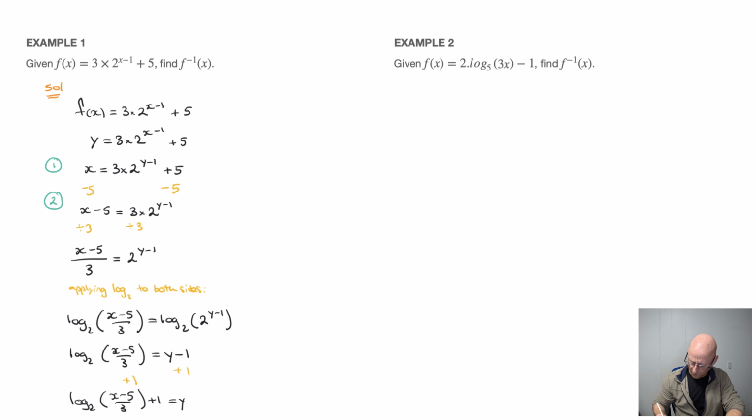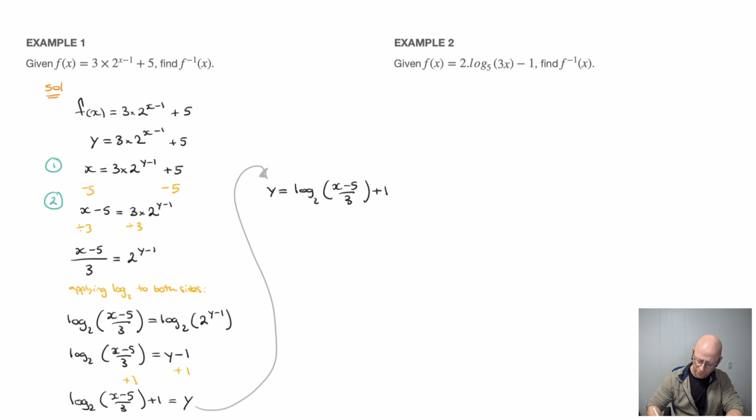Okay, now if I carry on right here to state my final answer, we can rewrite this result from right to left. In other words, we can write it as y equals log base 2 of x minus 5 over 3, with a plus 1 at the end.